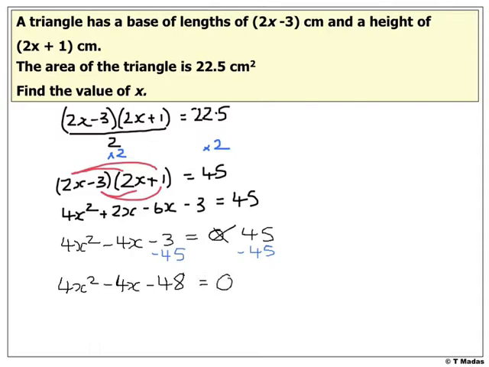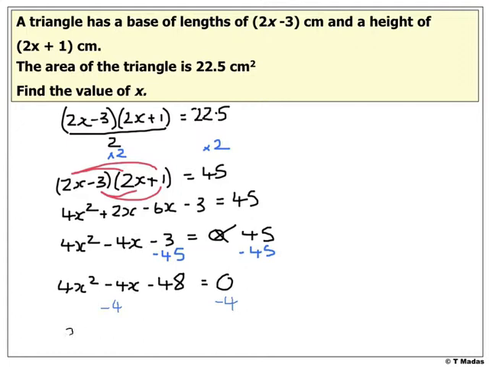Now, to try and factorise this is a fairly tricky task, so the easier way to go about it is to realise there's a number I can divide all this by, and that number is 4, because 4 goes into each one of these terms. So I'm just going to put a little note, I'm going to divide by 4. And I can divide both of these sides by 4 quite happily.